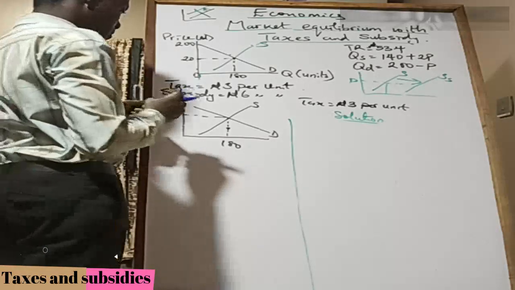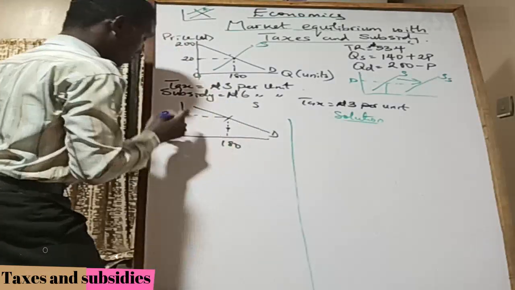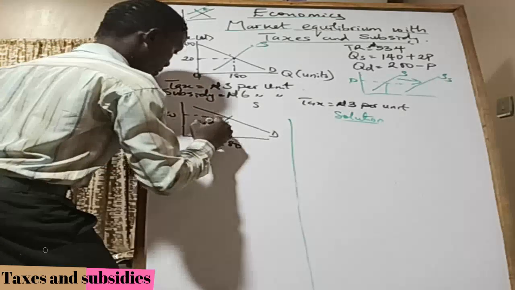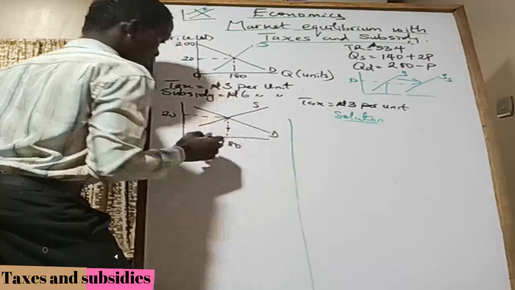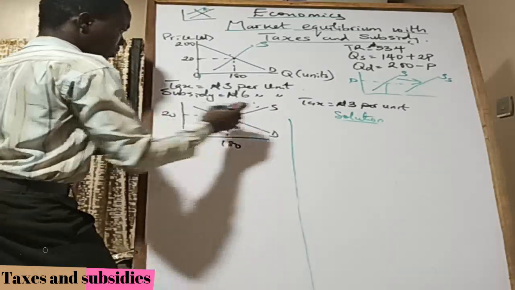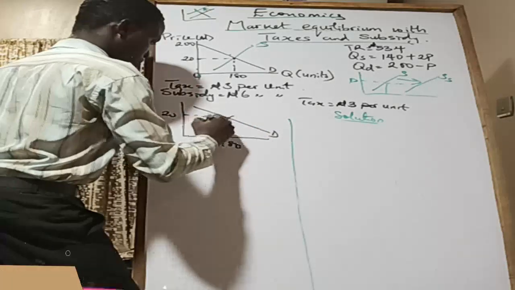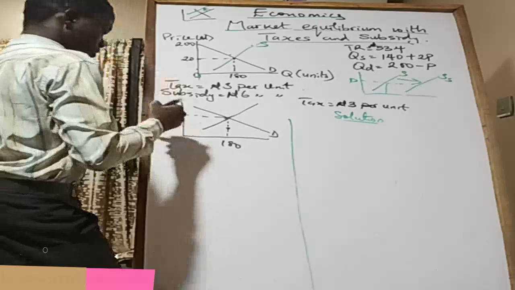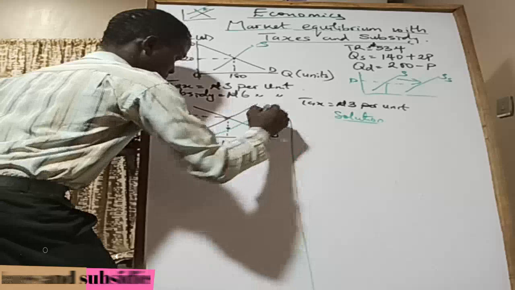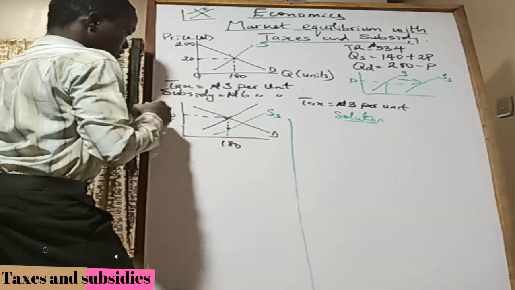I want to leave more space. Actually, let's leave the former one alone. So the new one is like this. It has to be parallel. It's S plus subsidy, and this was just S.